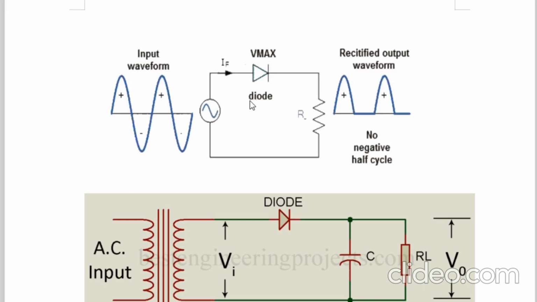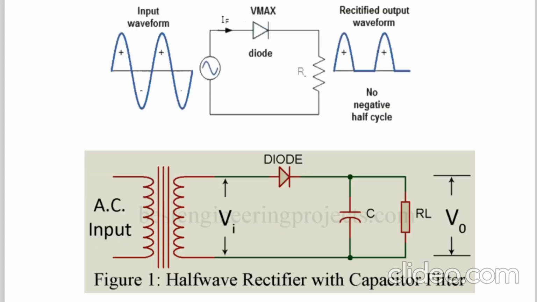In this way, to rectify a low AC voltage of 1 volt peak value, 50% or more than 50% of the input AC voltage is dropped, which means it will not appear at the output.